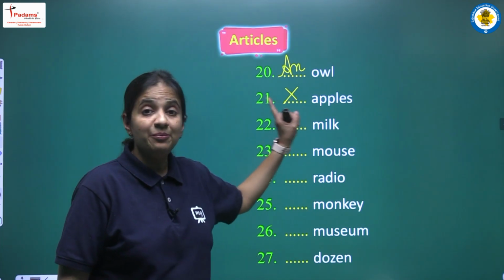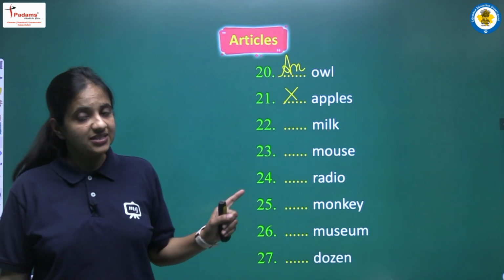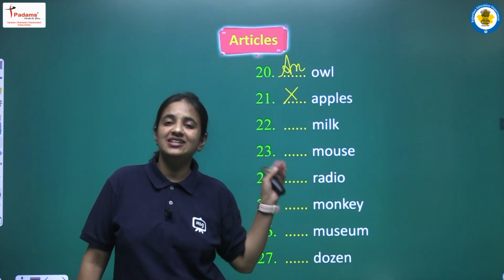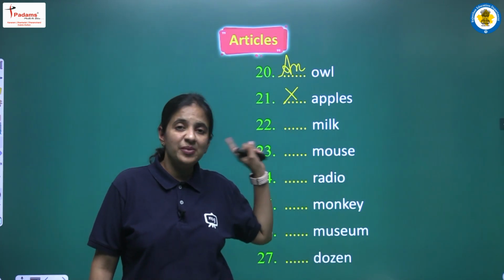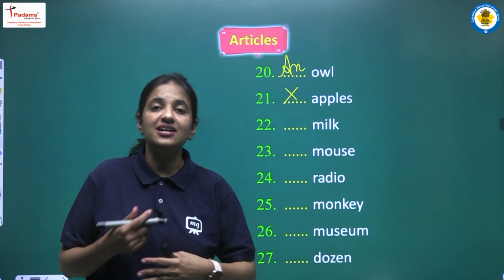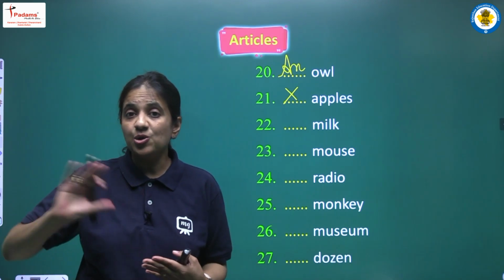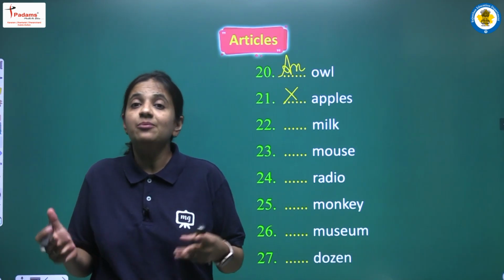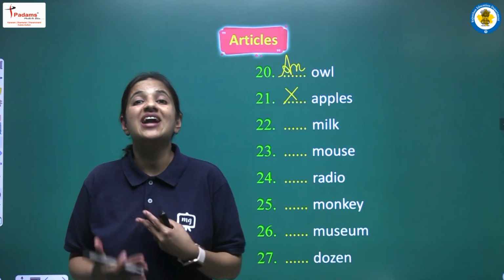Next we are having milk. So yes, milk, it is an example of noun, but now we have to check that milk, it is a countable or uncountable noun. Obviously milk is a uncountable noun. We cannot count the milk. Yes, we can measure the milk but we cannot count the milk.